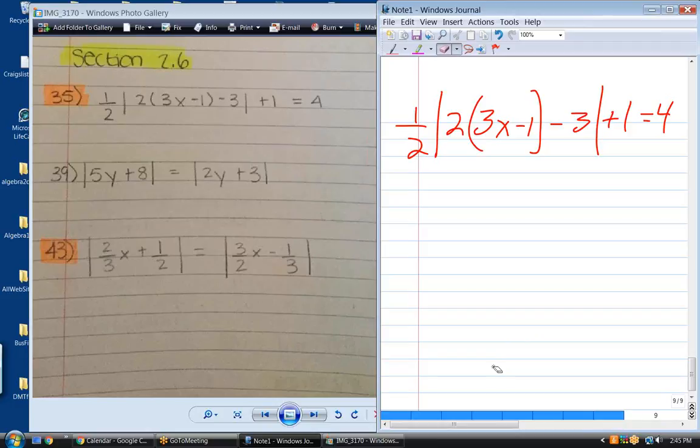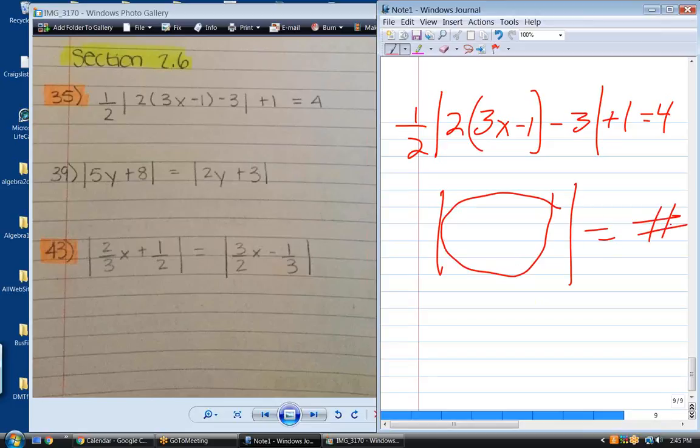It's kind of like a quadratic. Most quadratics, when you solve it, you get x equals this or this. Same thing with absolute values. Okay? But the very first thing we want to try to do, if we can, is get it so we isolate the absolute value. Something inside of there equals some number. Then we'll be able to go forward.